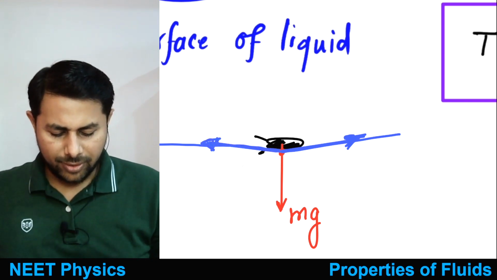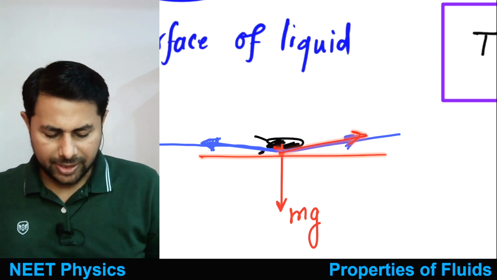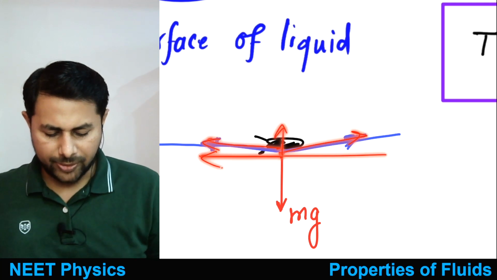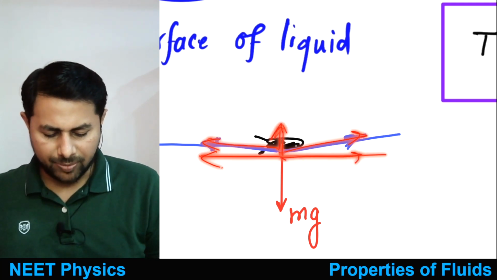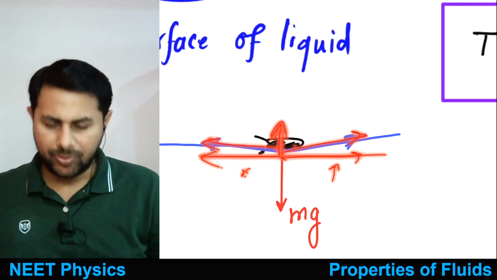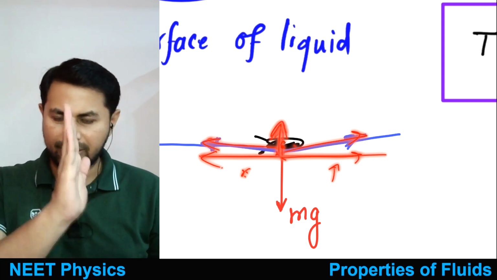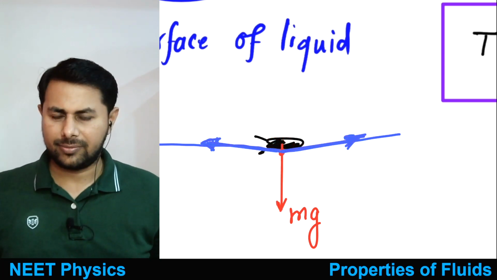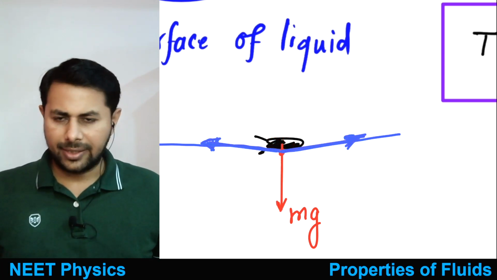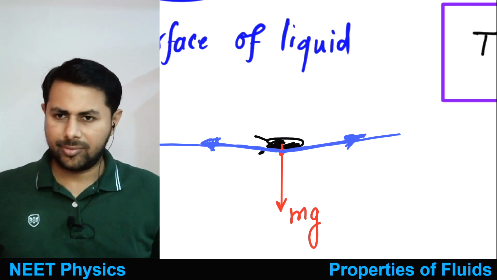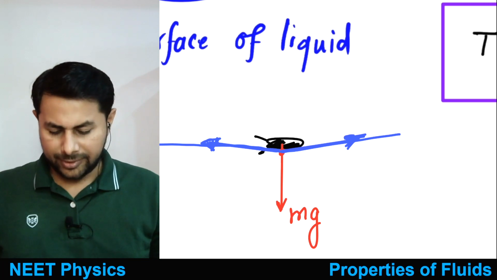If you resolve this force into two components, horizontal and vertical, the horizontal components get cancelled out and the vertical components get added up. They are in the vertically upward direction and they balance the weight of the insect. That's why the insects don't sink, they can walk.